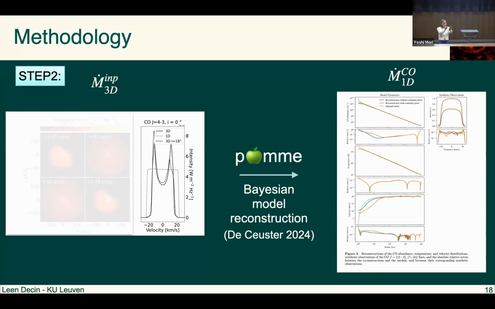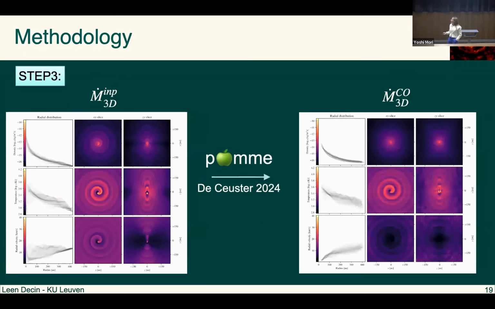You can give it a line profile, and it uses a probabilistic method based on Bayesian statistics to tell you, okay, that might then be the densities, the velocities, etc., for the framework that you choose. That's the example in 1D. And we have done it already in 3D. So that's so good, we don't have to do the forward model, we can do the retrieval directly.